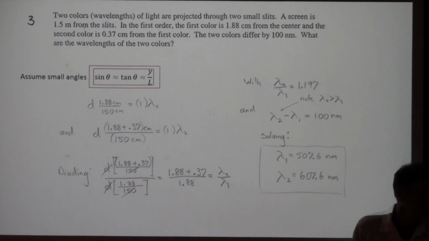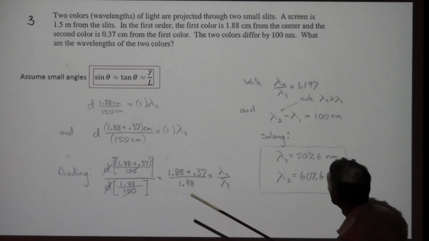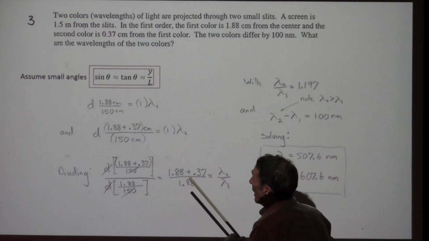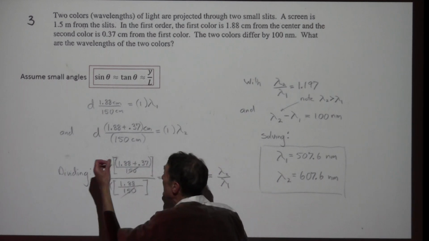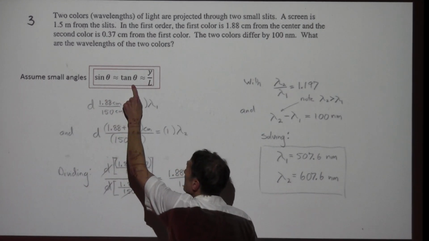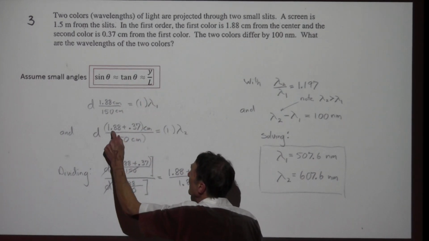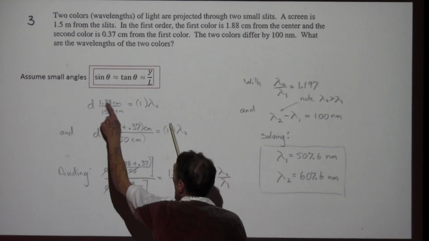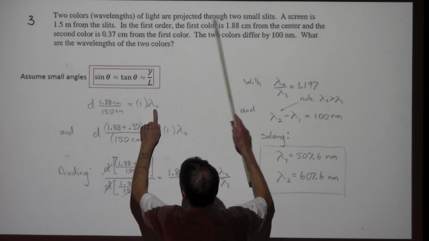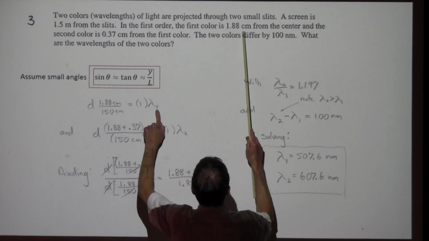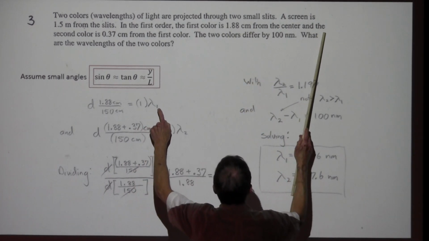Let me plow ahead and see if this is going to bother you. So I can say it's going to be d sine theta. Now sine theta, approximately the tangent, is approximately equal to y over L, so that's what I have here. He's saying this very first color, lambda 1, is landing out here on the screen 1.88 centimeters from the center.